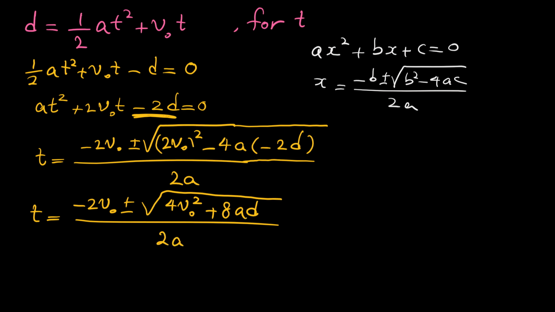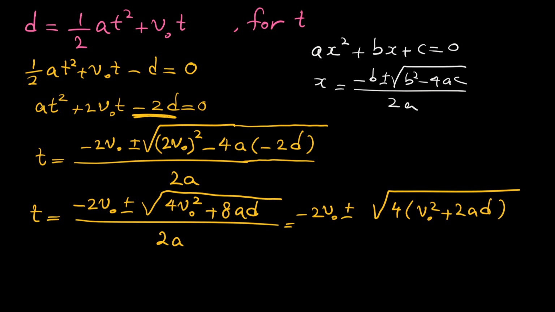Now, if you look at the inside of the radical, you can see that we can factor 4 from these two coefficients. So, if we factor 4, we have negative 2v0 plus minus radical 4 times v0 to the 2 plus 2ad, because we factored 4, 8 divided by 4 is 2, all over 2a.